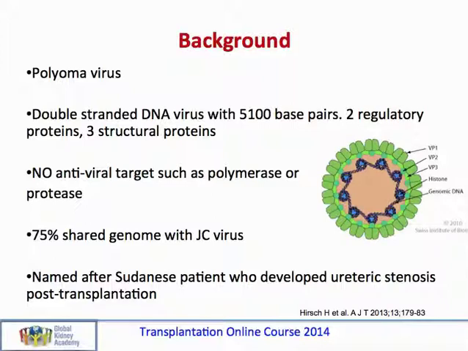There's no antiviral target such as a polymerase or protease, which obviously makes it difficult to develop new treatments, and it shares 75% of its genome with JC virus. It was named after a Sudanese patient who I think was in St Mary's Hospital in London in the early 1970s, who developed ureteric stenosis after kidney transplantation.